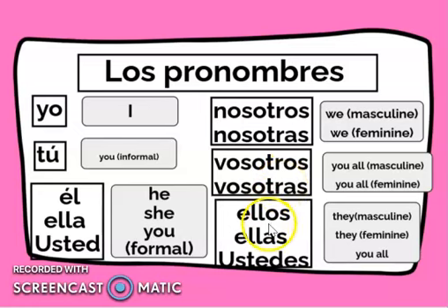Only females, vosotras. Now we have ellos y ellas. So we have they masculine, they feminine. Same thing with the males and the females. And then we have ustedes. Okay?